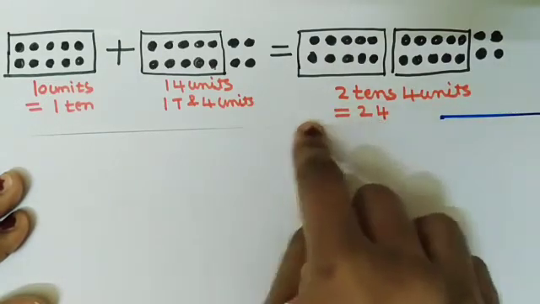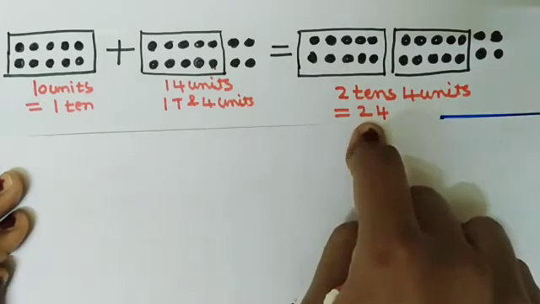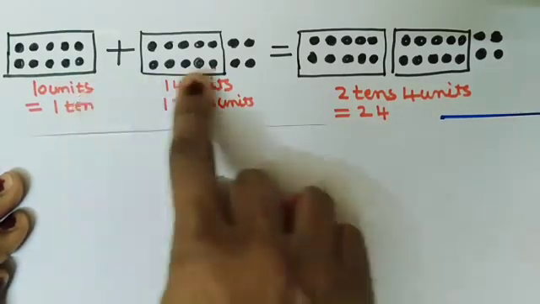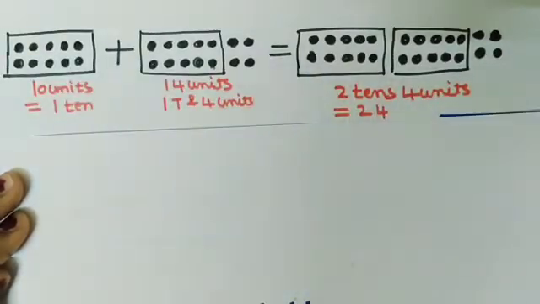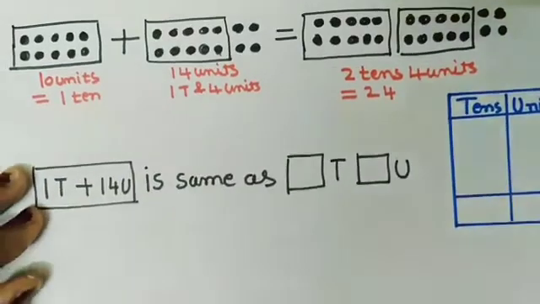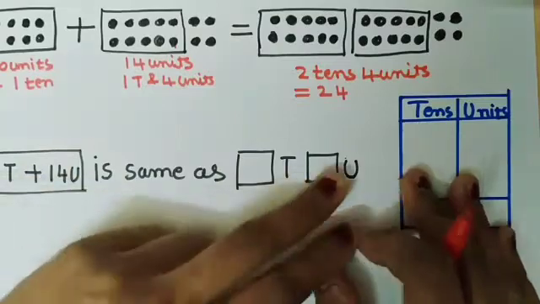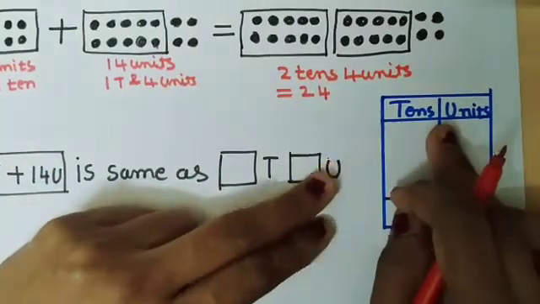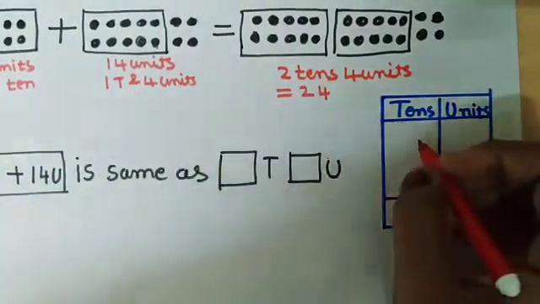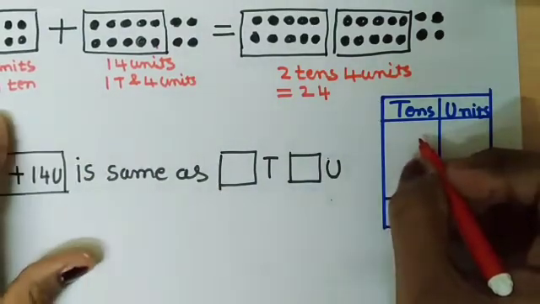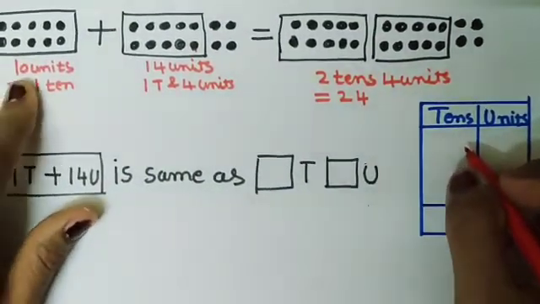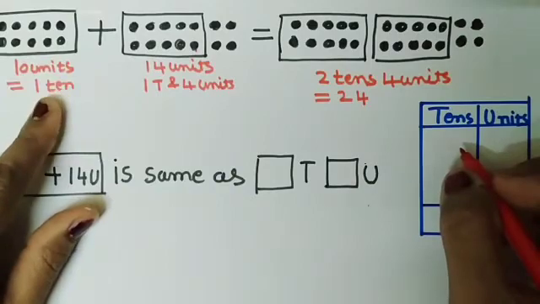Now children, I hope you understood this concept with the help of tens and units. Now we will understand how to write here with the help of numbers. We will write in the form of numbers. We have here first 10 units.